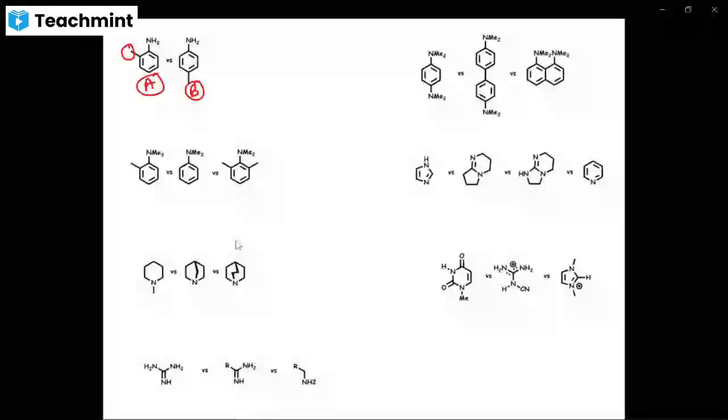Hmm? Inductive effect. What is ortho effect? Hmm. But hyperconjugation is present both in ortho and para, right? Ortho and para are the same in terms of position.